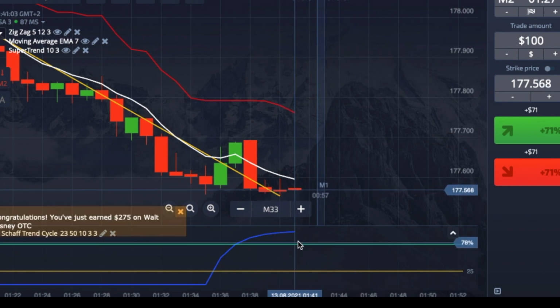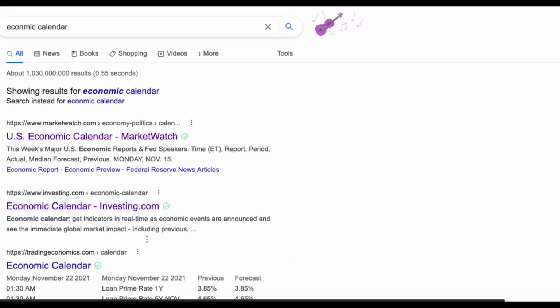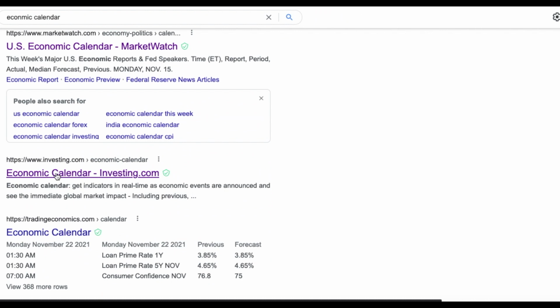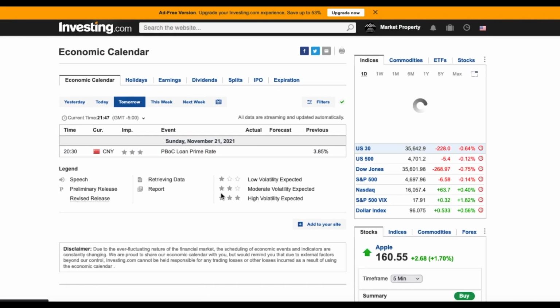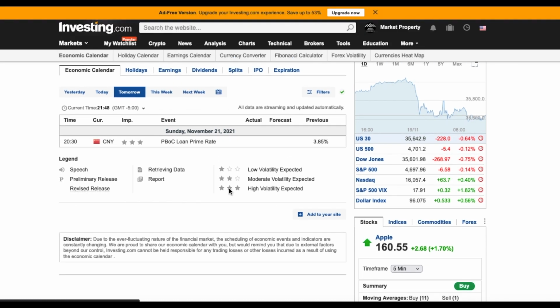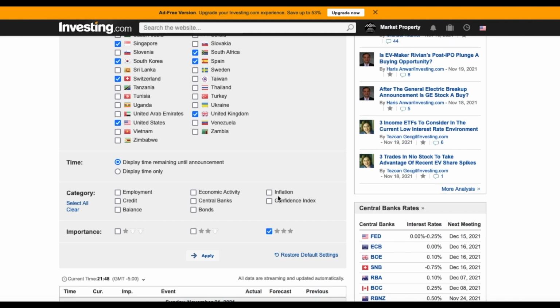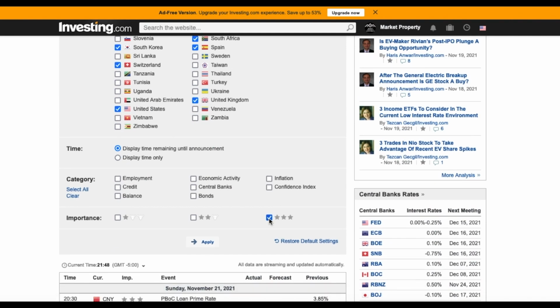I'm going to share a website that you can go to, and it's called the Economic Calendar at investing.com. When you're looking at the economic calendar, you want to click on filters, scroll down to the bottom to where it says high volatility expected with the 3 stars.